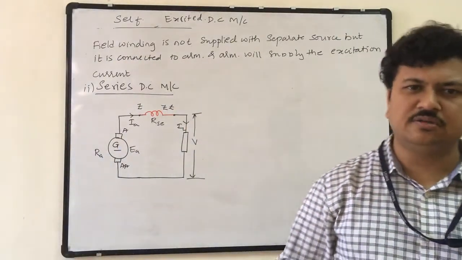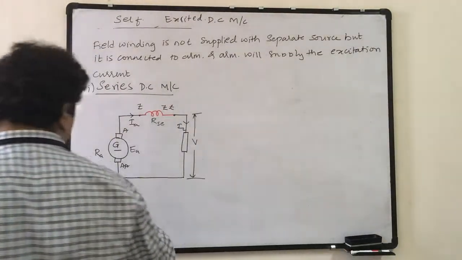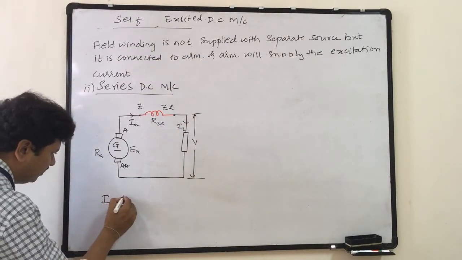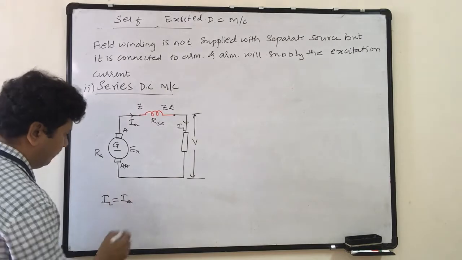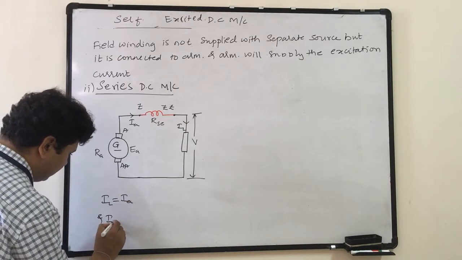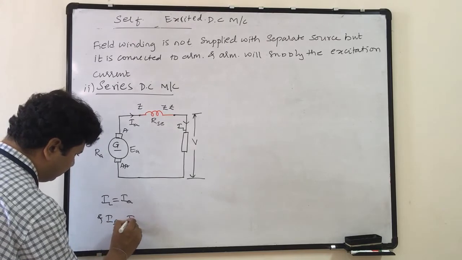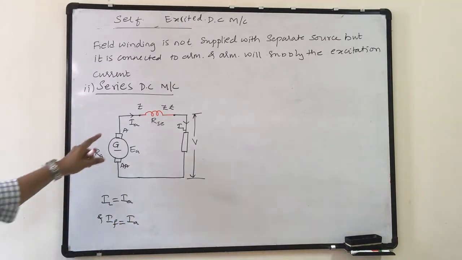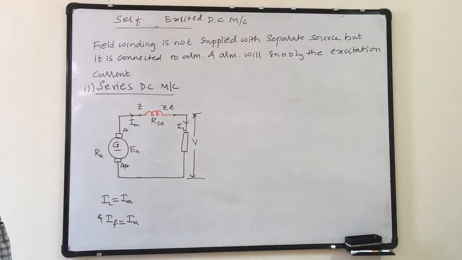Hence it is called a series machine. And we observe here my IL is equal to IA, and IF is equal to IA, because the same armature current has to flow through the field.